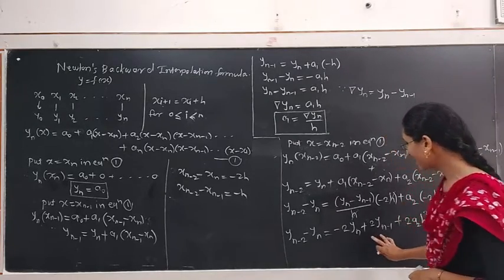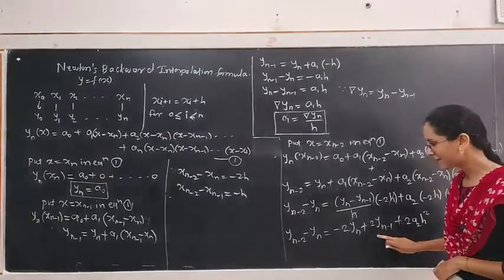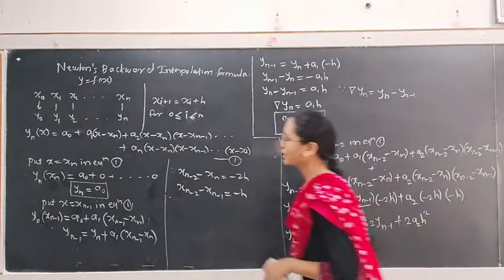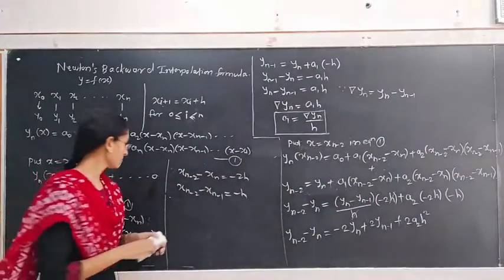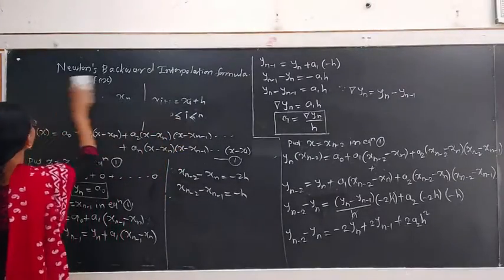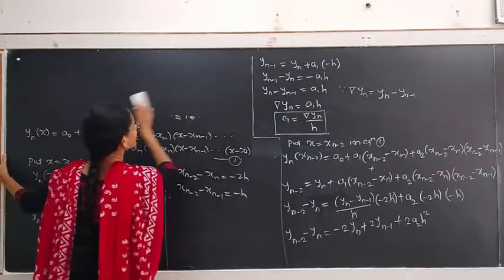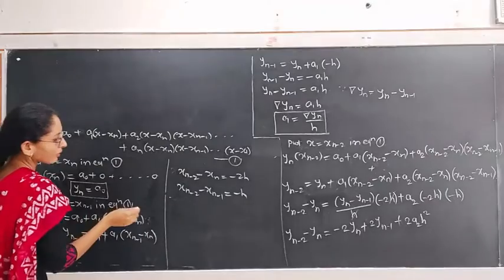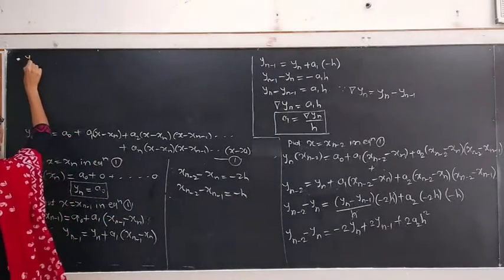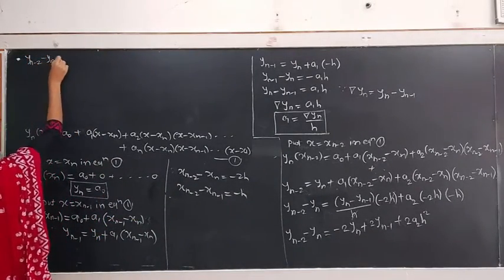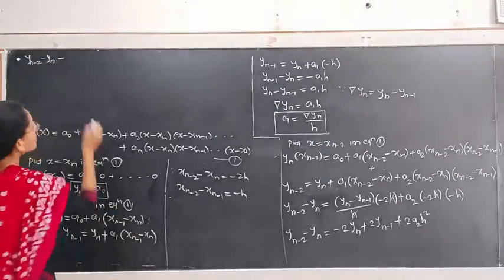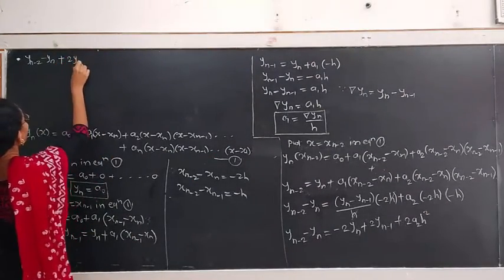Consider this term, first two terms of right side towards left side, we get y_{n-2} minus y_n minus minus plus 2y_n.